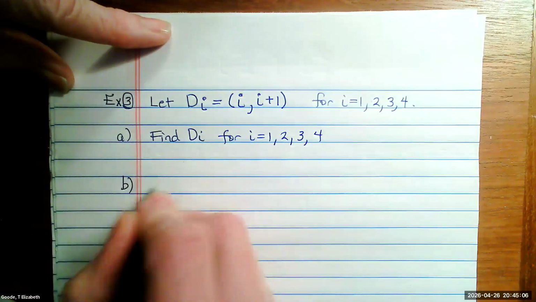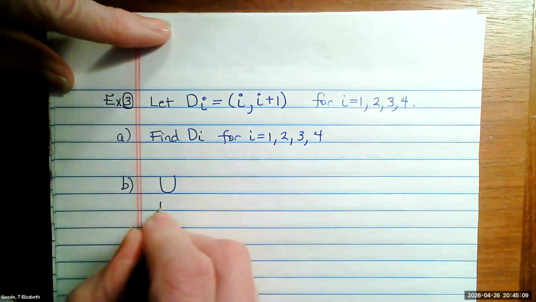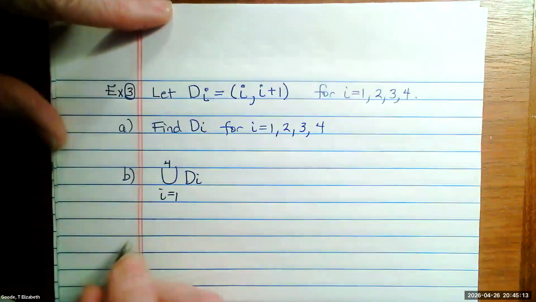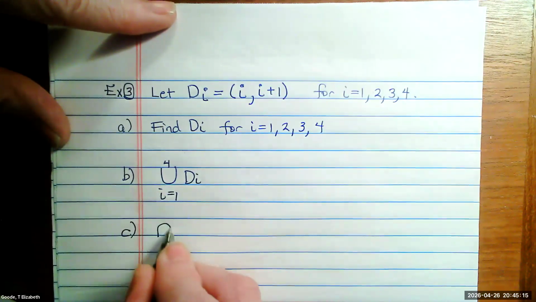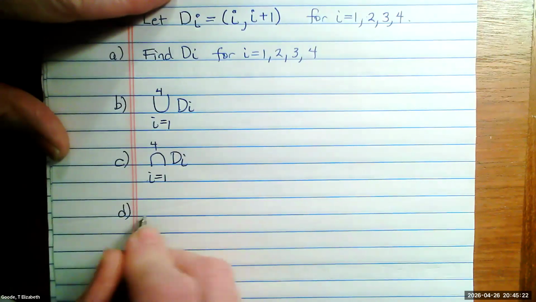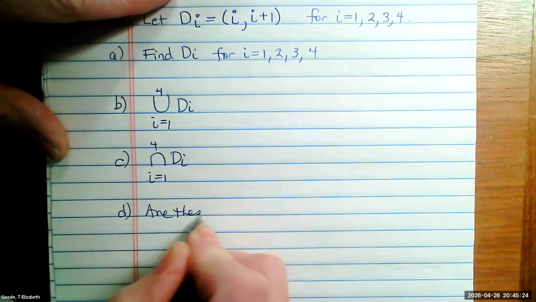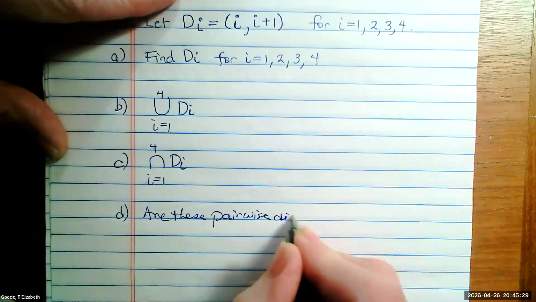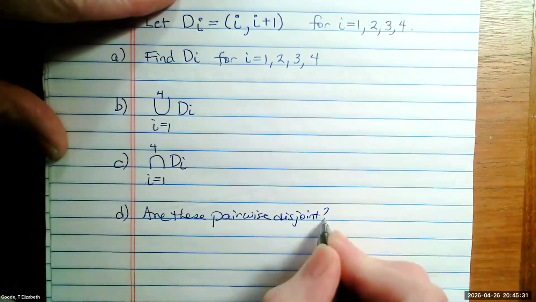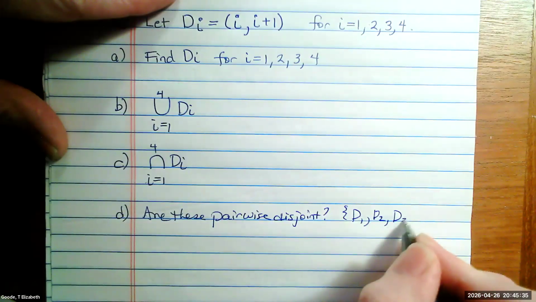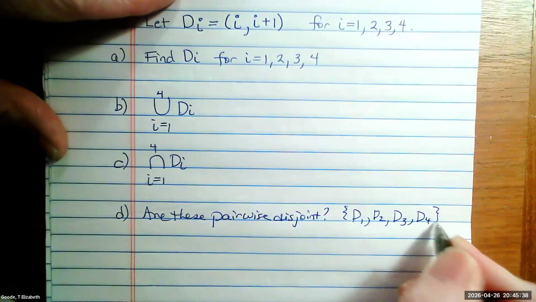And then we're going to find the union from i equals 1 to 4 of the D sub i's. Then we're going to find the intersection from i equals 1 to 4 of the D sub i's. And then we're going to ask, are these pairwise disjoint, the collection D1, D2, D3, D4?